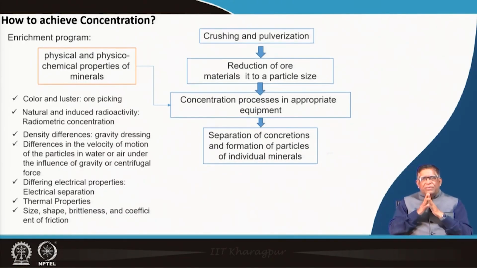Now, what could be those properties? It can be color and luster, by which there would be ore picking. It was sometimes done manually in the past, for example, near the Barbil area or in Jharkhand, West Singhbhum district, there are many tribal ladies who sit on the roadside on piles of manganese ore, and they just pick out which is manganese and which is not.